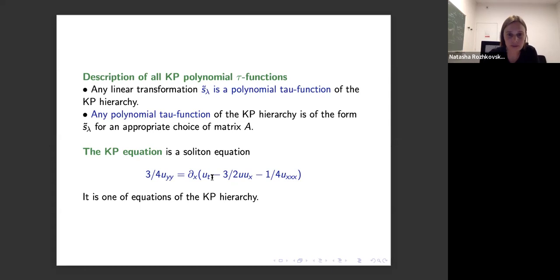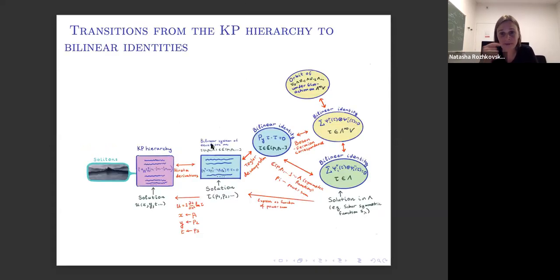And on the next slide, I'm going to show very quickly one of the approaches to studying KP equations and the KP hierarchy. It's only one direction, so it does not go to Lax equations, for example. This is the path which leads to representation theory.